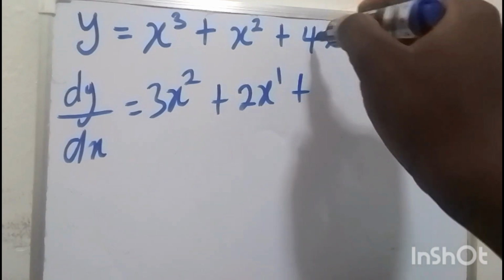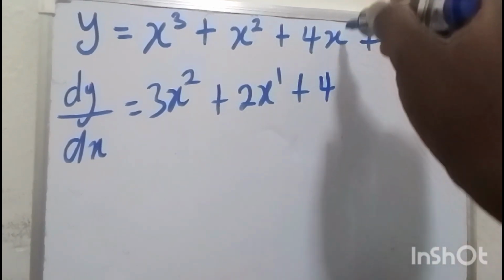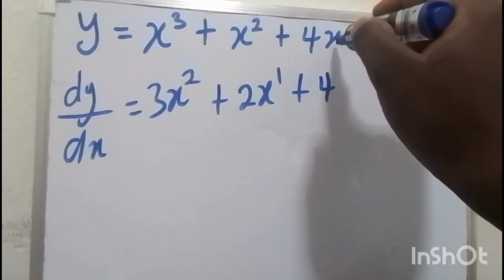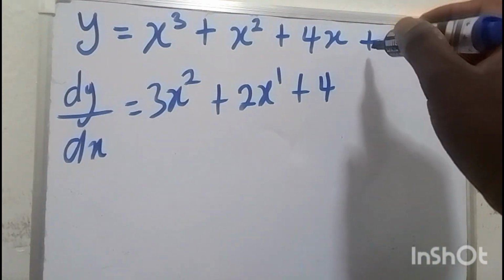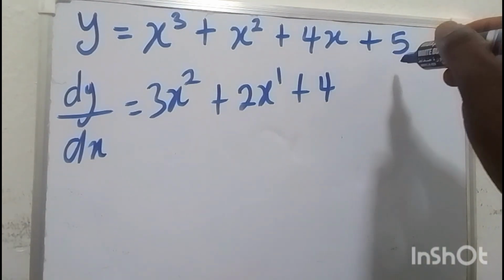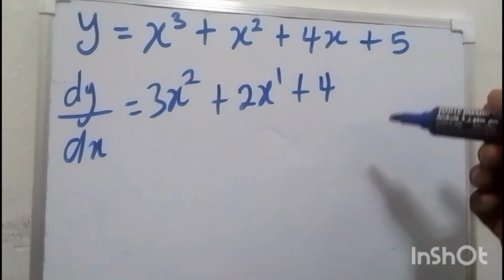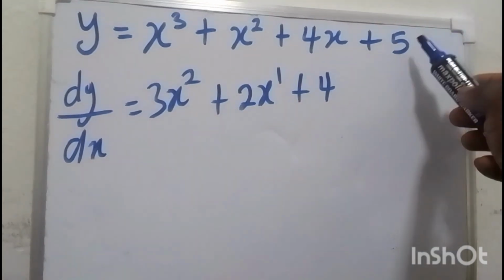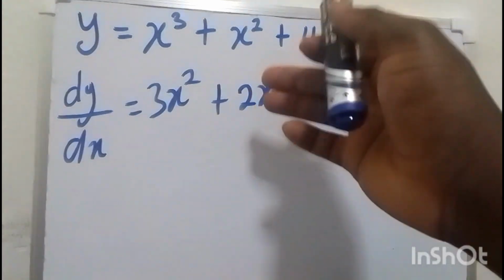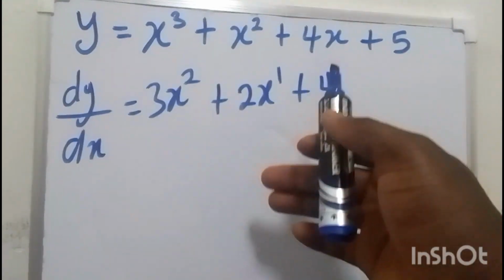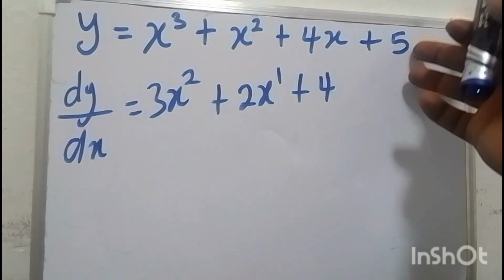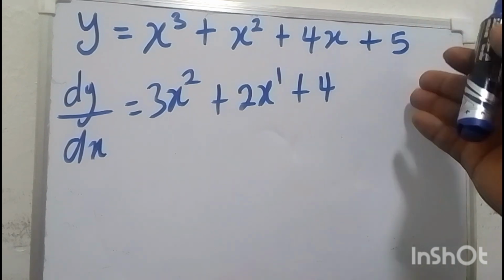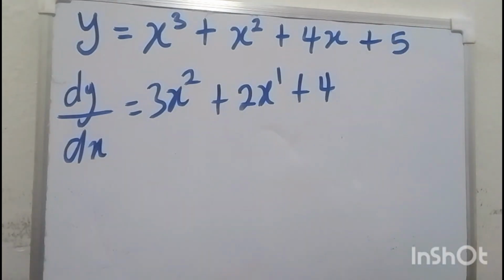Plus 1 multiply 4, which is 4. 1 minus 1, which is 0. And x power 0 is 1. And the differentiation of 5 is 0. Why is it 0? Because it does not have the value of x. There is no x. So in differentiation, we differentiate with respect to x. And since 5 does not have x, we can't differentiate it, so we consider it to be 0.